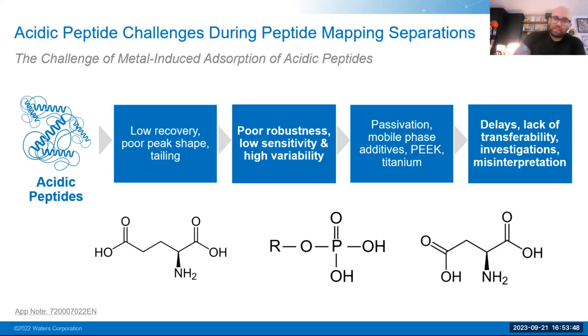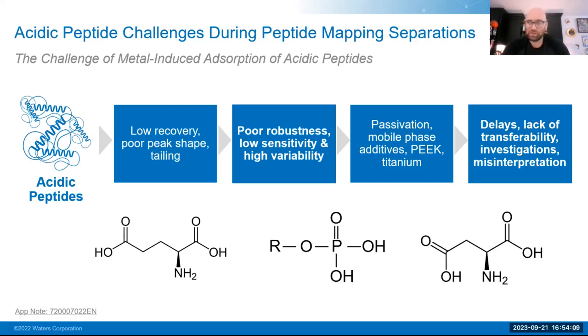So how do we get past this? Historically, what we've leveraged are passivation, as well as the addition of different mobile phase additives, which complicates the mobile phase and can make it less amenable to mass spectrometry analysis, or the introduction of PEEK, which has a variety of problems as it changes its shape at high pressures. And then the introduction of titanium.